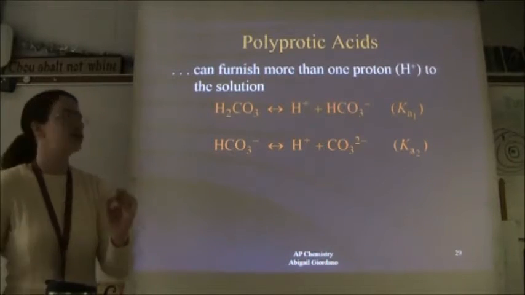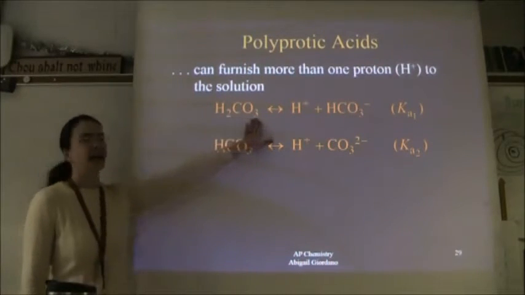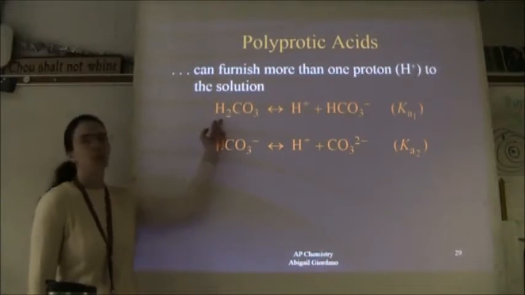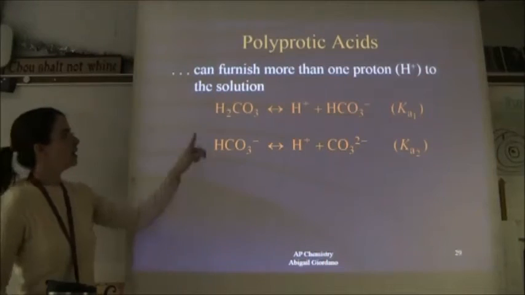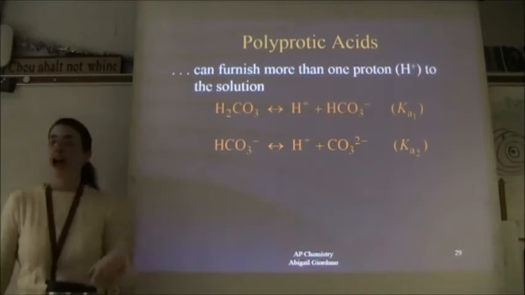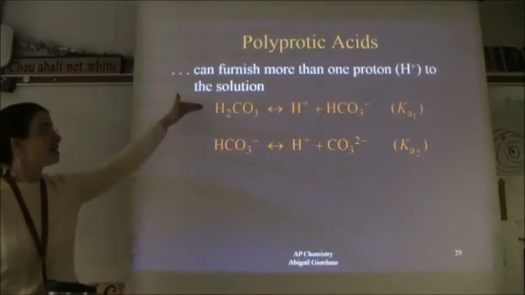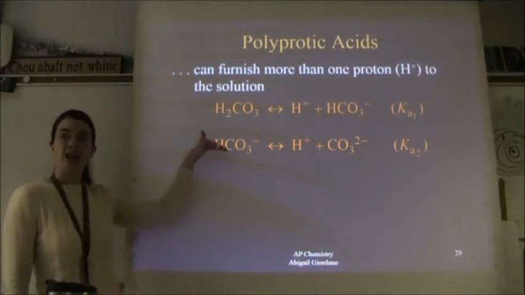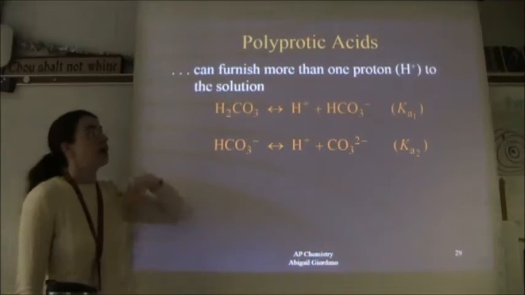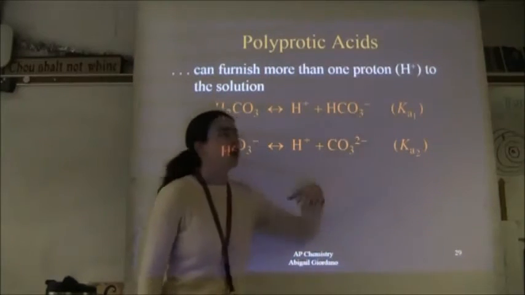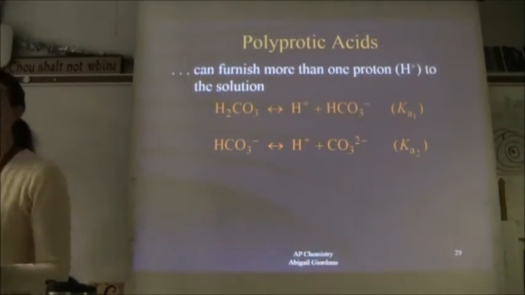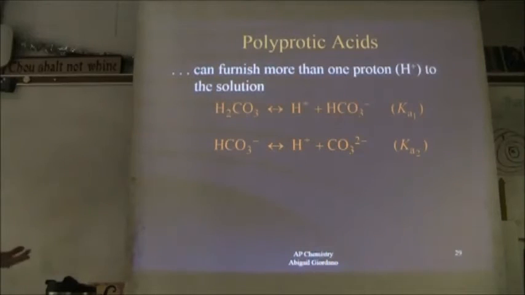I need you all to understand that carbonic acid does not give away those two hydrogens all at once. They're given away one at a time in two separate reactions. Okay? And since they're two separate reactions, they have their own Ka values.